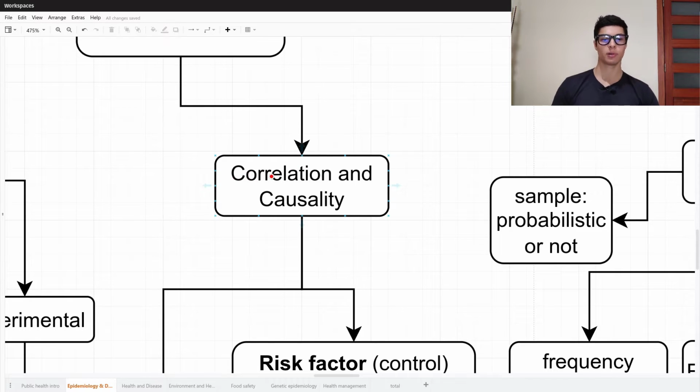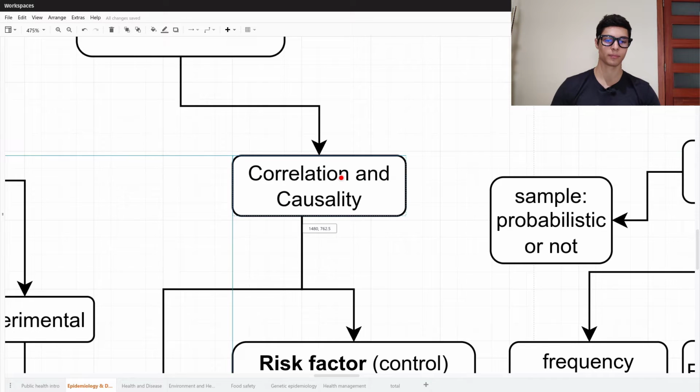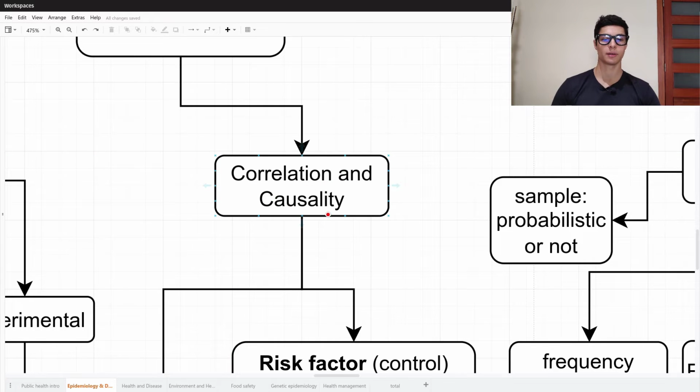So they say there is a correlation between eating saturated fat and having cardiovascular diseases. Does that mean that saturated fat equals cardiovascular diseases? No, because it is a correlation and not a causality.